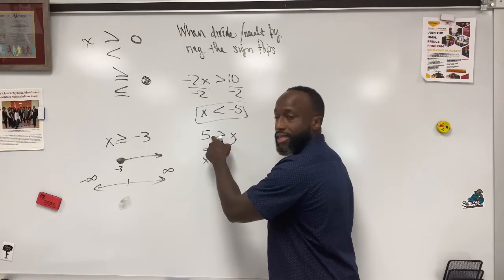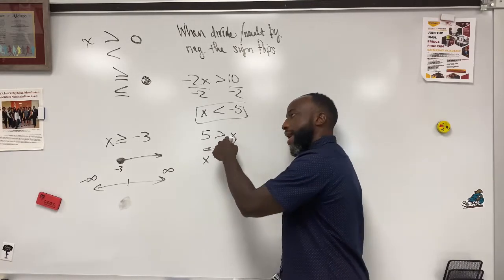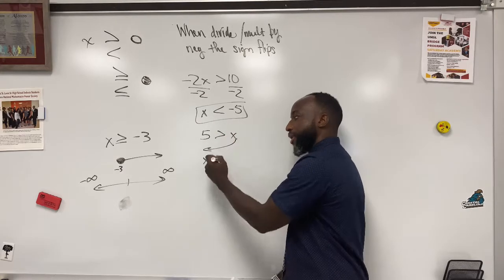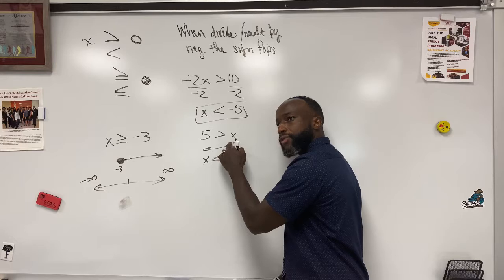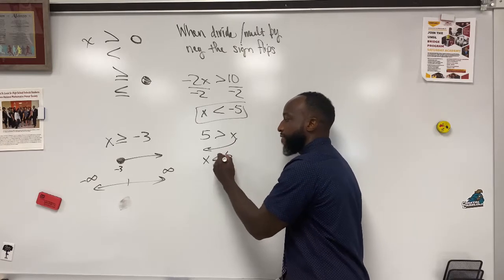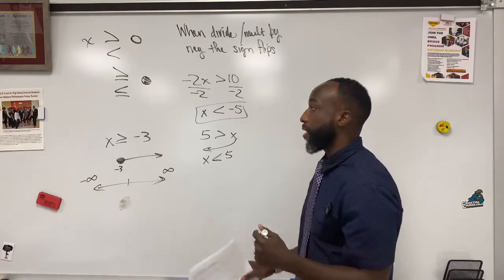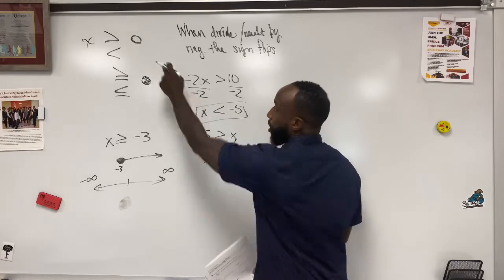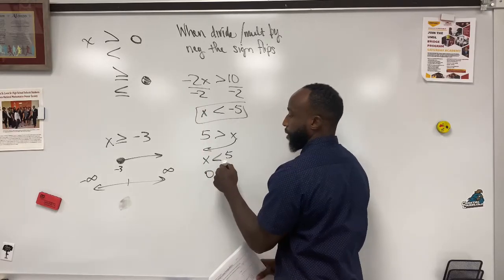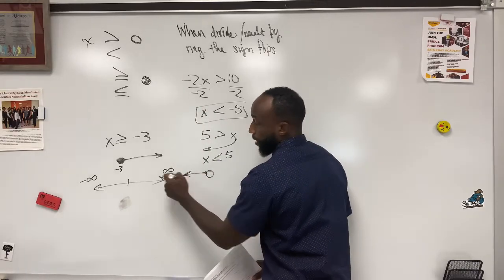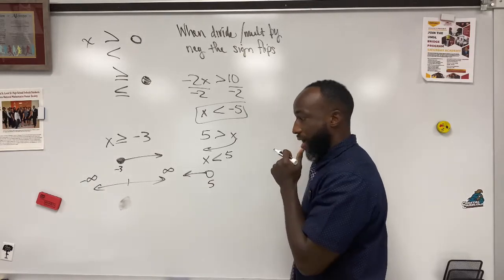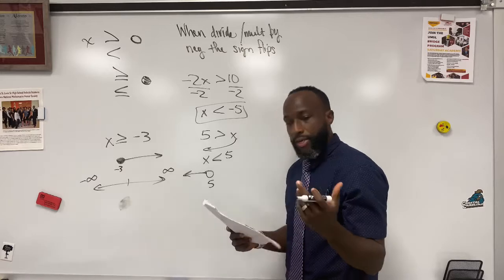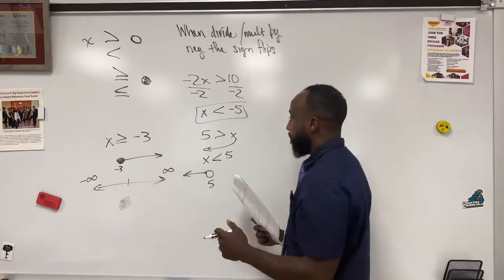Notice how the arrow is pointing to the x, so x is less than 5. Flip it this way and then graph it. Less than, open circle, less than approaching negative infinity. So it would look something like that, and that's how you pretty much graph it.